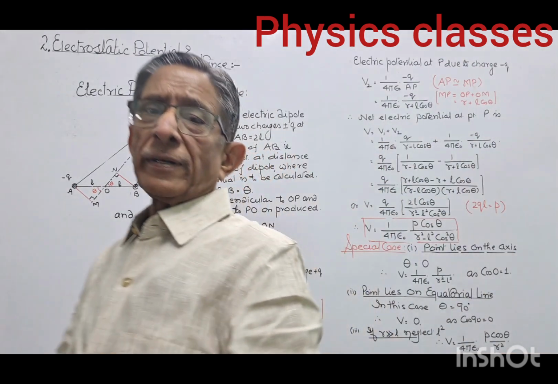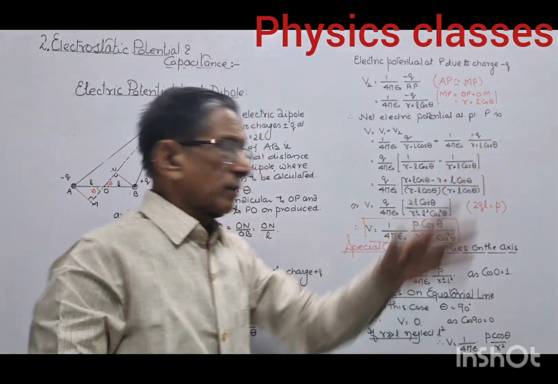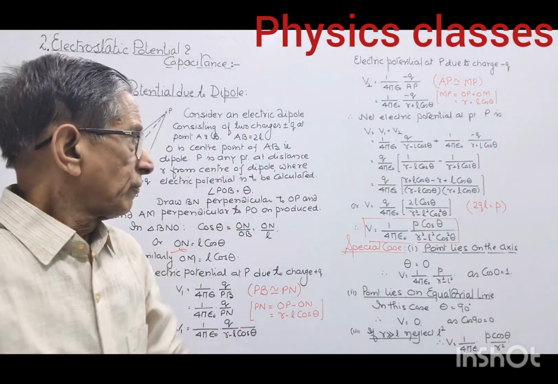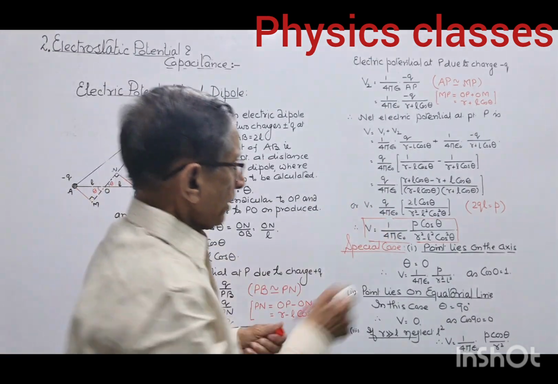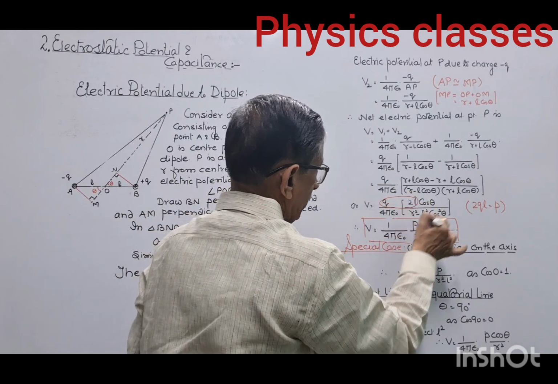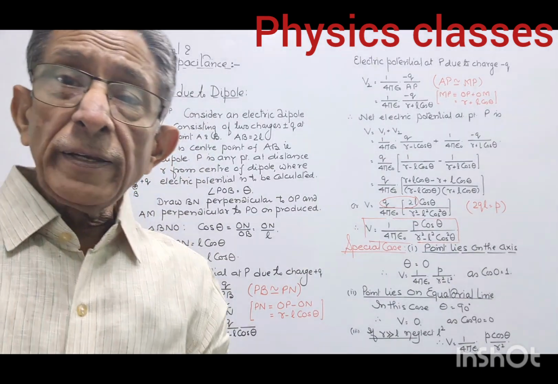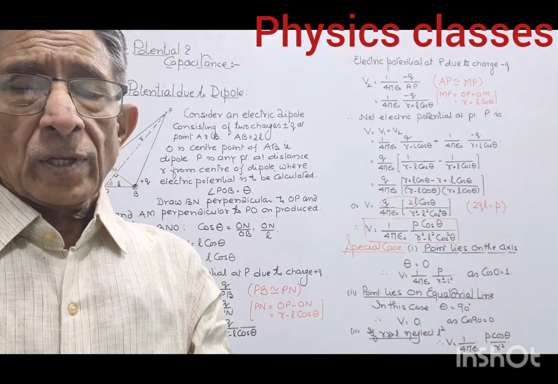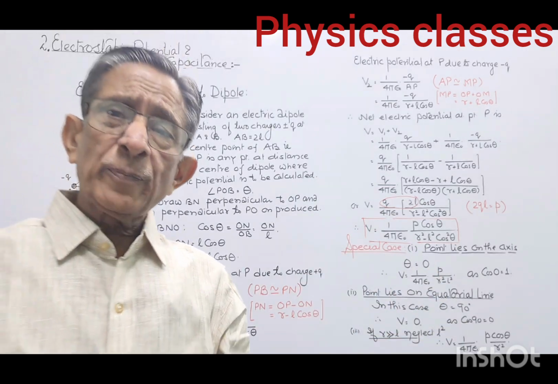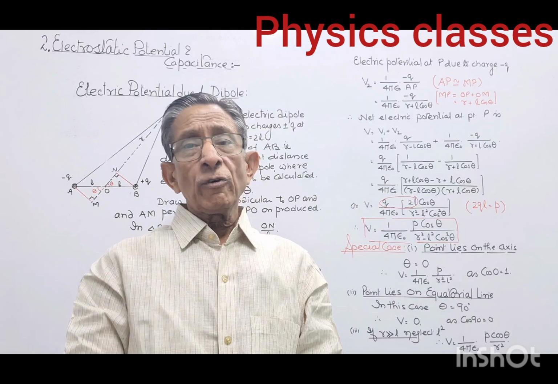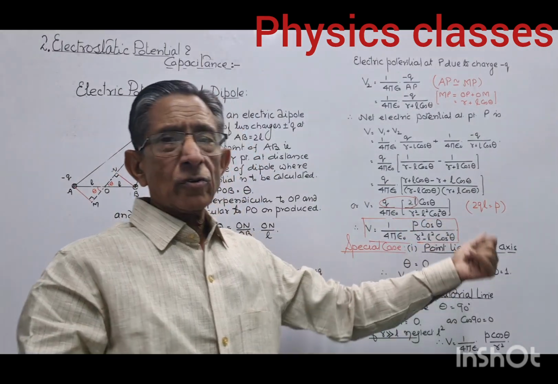This is the result you will obtain. But twice of ql is equal to p, the electric dipole moment. Therefore, V is equal to 1 upon 4 pi epsilon naught, in place of q and 2l I have written p, p cos theta upon r square minus l square cos square theta. So at a general point, electric potential due to dipole is given by 1 upon 4 pi epsilon naught p cos theta upon r square minus l square cos square theta.